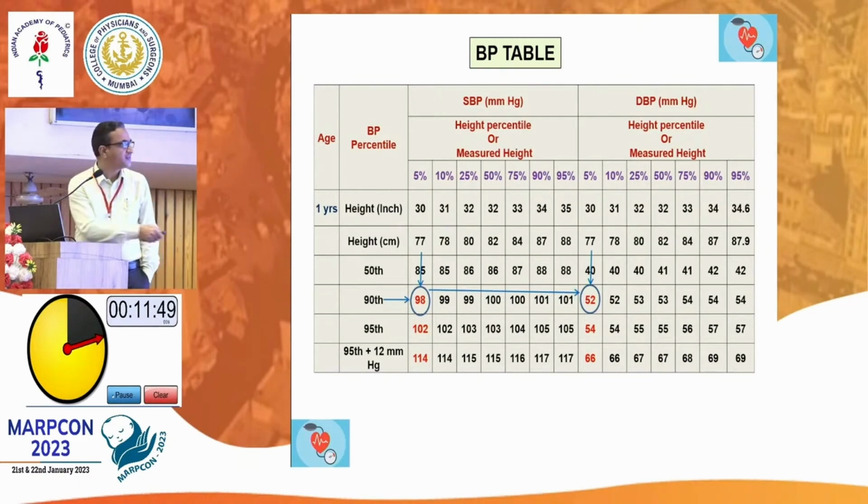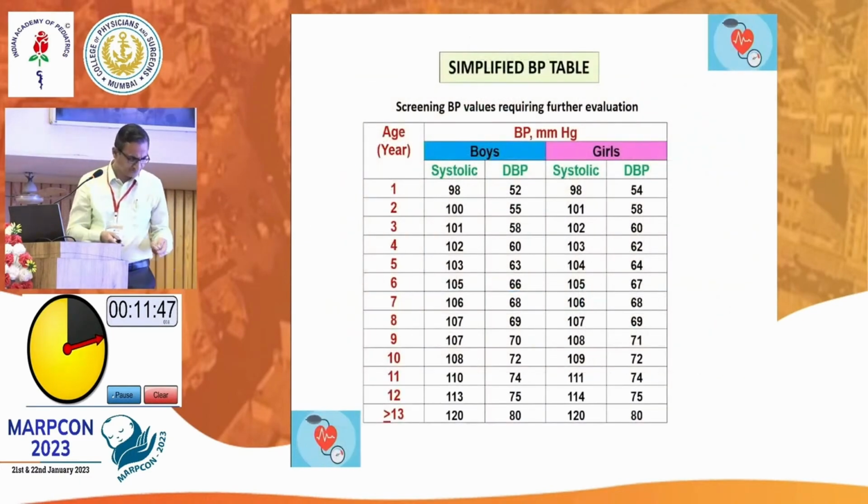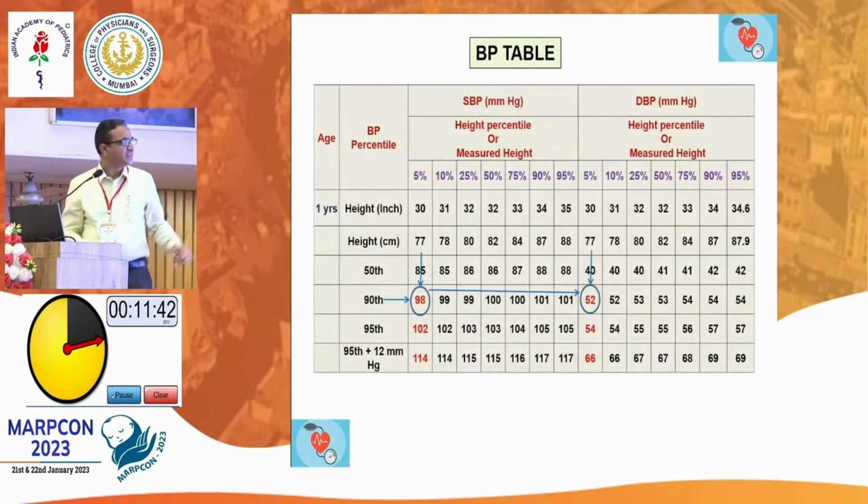To the extreme left is the age category. This table is available for age ranging from 1 to 17 years. The next column shows BP percentile values. Here 4 percentile values are given: 50th, 90th, 95th and 95th plus 12 millimeter of mercury.